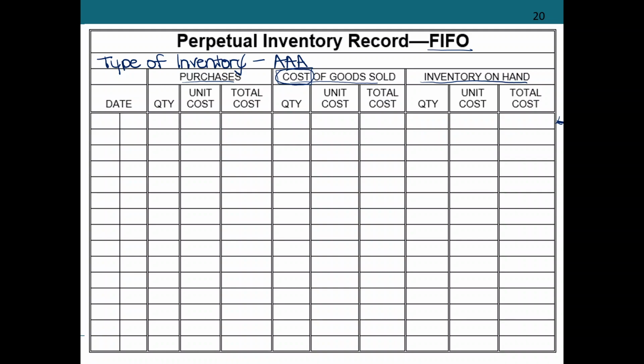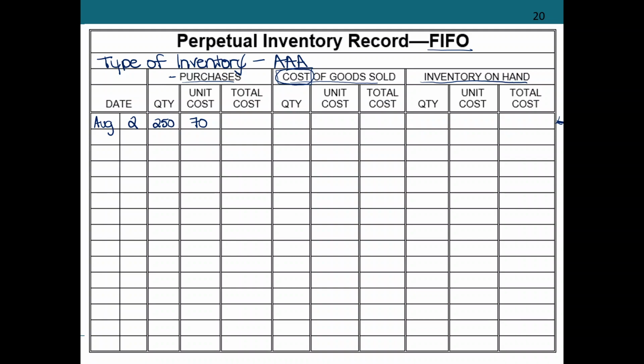Here it doesn't say that we have an opening amount, so we just go ahead and start with the first purchase. So it's on August 2nd. So we fill the date in here. And then it is a purchase, so we're filling it into the first column. So they're purchasing a quantity of 250. The unit cost is $70 each.